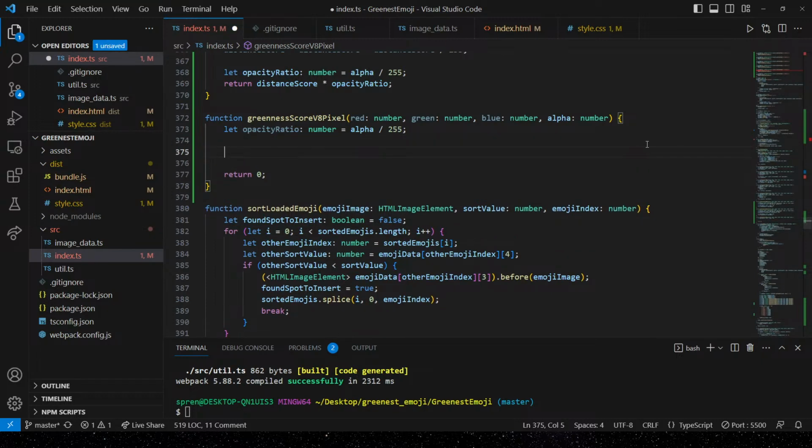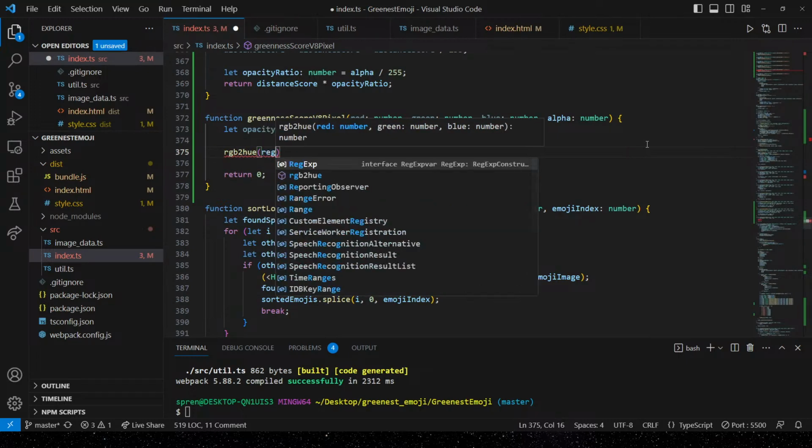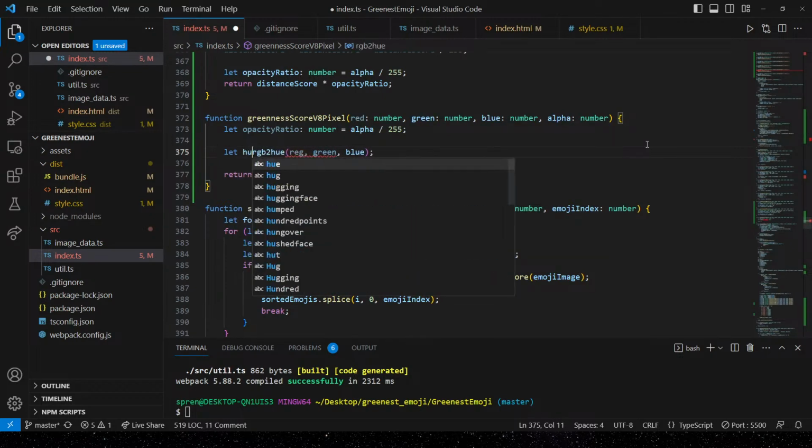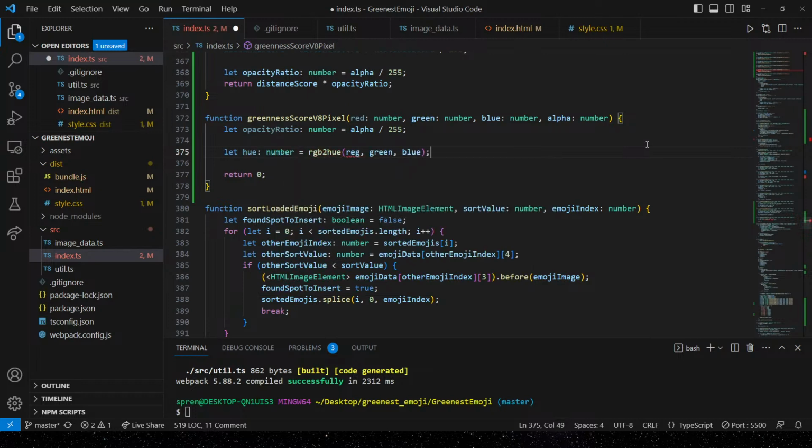What we're going to do is RGB to hue of red, green, and blue. That's not how you spell red. We know that 120 is pure green. 120 degrees.